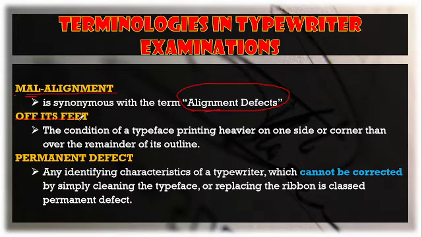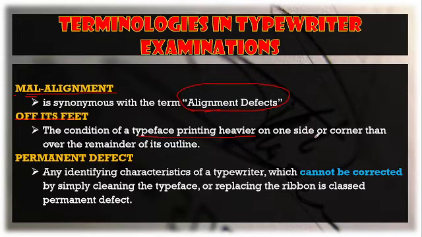Of its fit naman, okay, this is a condition. It says in here, condition of typeface printing heavier on the side or the corner than the remainder of its outline. So dito nagbabago, I mean, there is variation also on the thickness of the print of the printed characters.